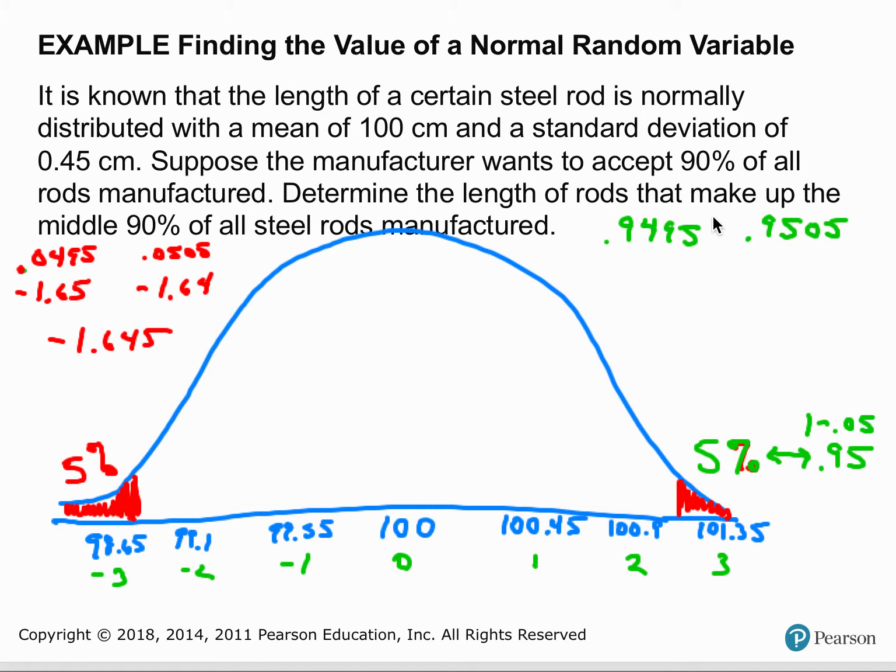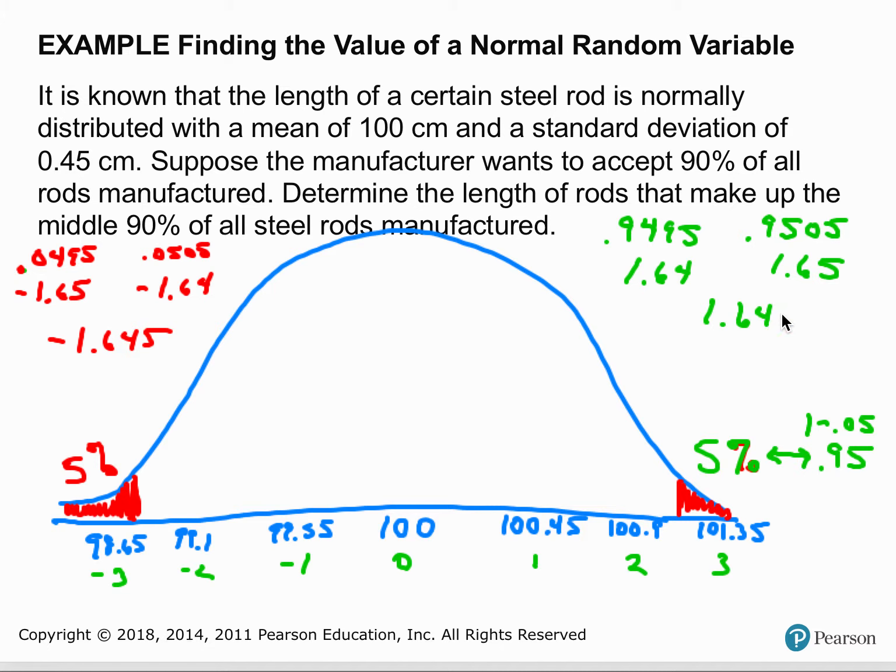So 0.9495 corresponds to 1.64, and this one corresponds to 1.65. So because it's halfway in between, I'm going to average again.